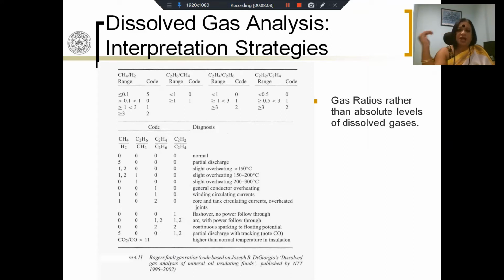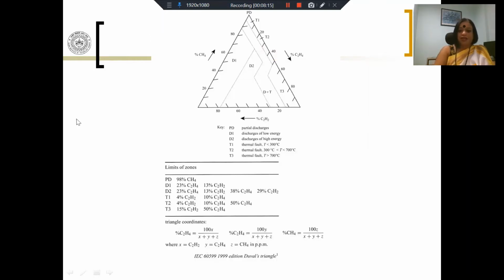There are several such tables, standards. One is the Rogers ratio, the other is Duval's triangle. It's again a similar situation. You have a triangle which comes from Duval, IEC 60599, 1999 Duval's triangle edition. This is what it is. You have the 3 axes, and each axis corresponds to the percentage of a particular gas.